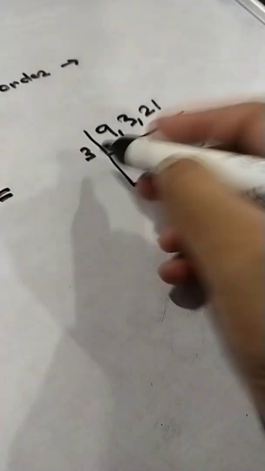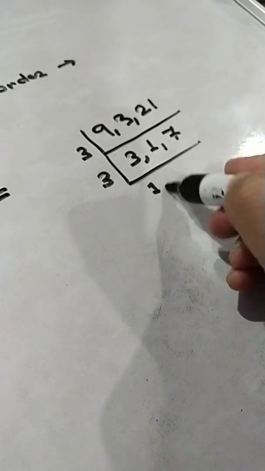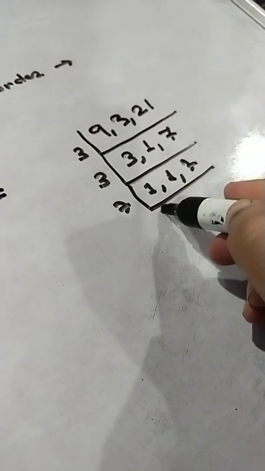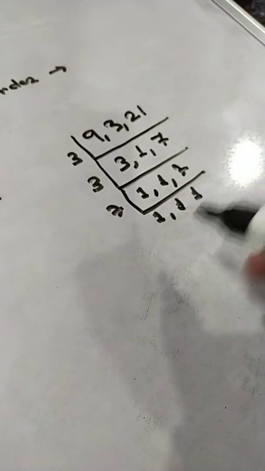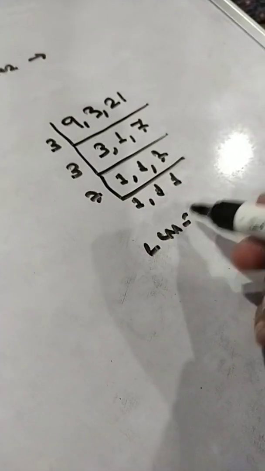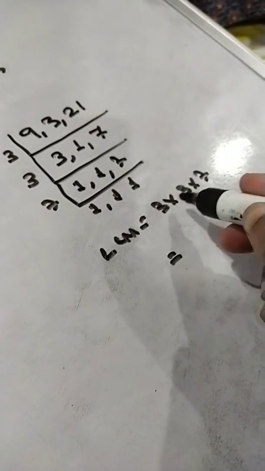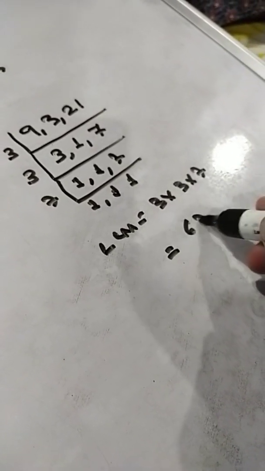We can again use 3: 3 1s are 3, 1 and 7, then 7, 1, 1 and 1. So LCM is 3 into 3 into 7, that is 9 into 7, which is 63. So the LCM is 63.